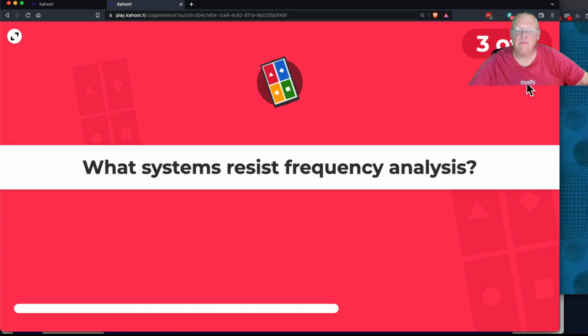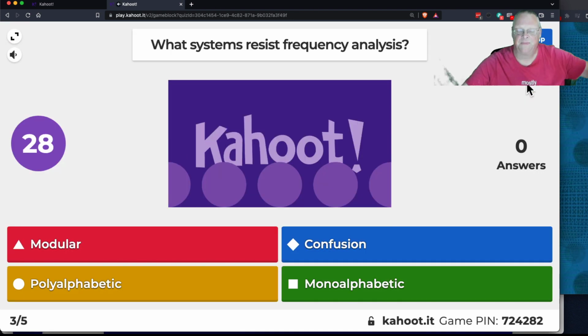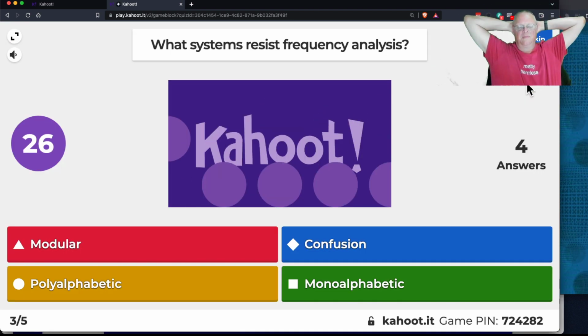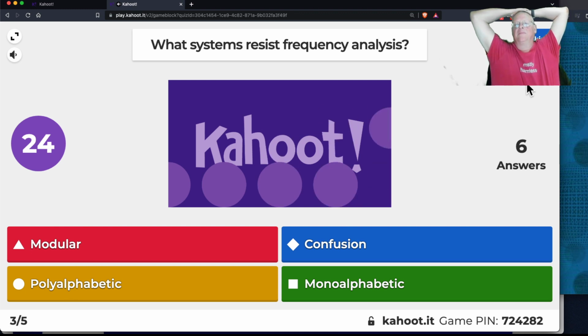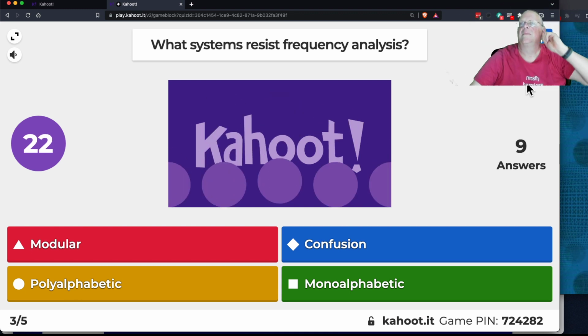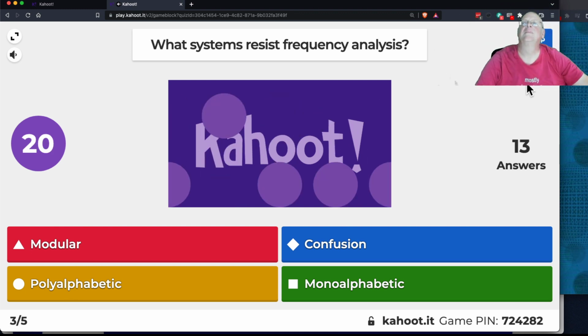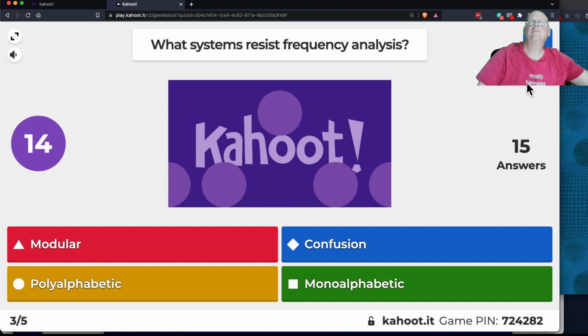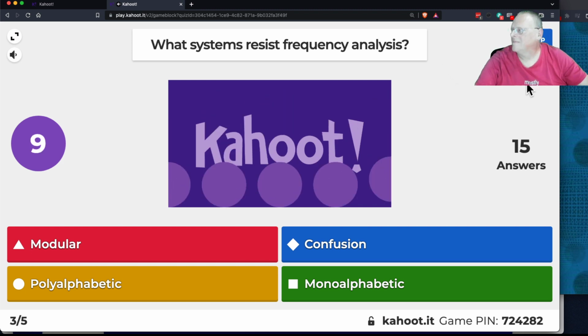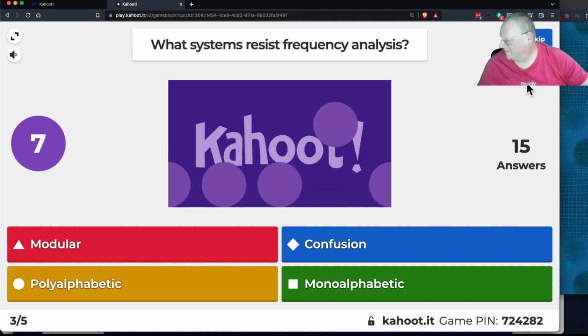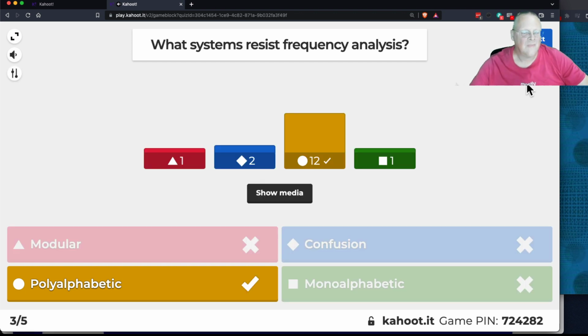All right, which system resists frequency analysis? All right, that's polyalphabetic systems.